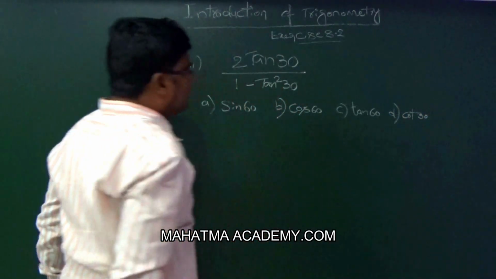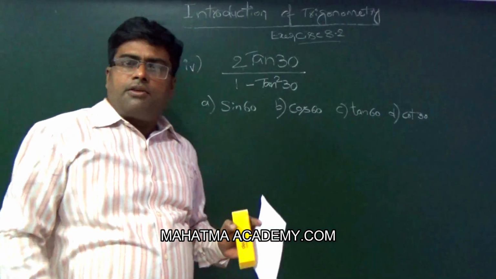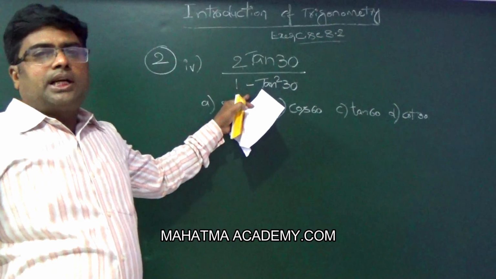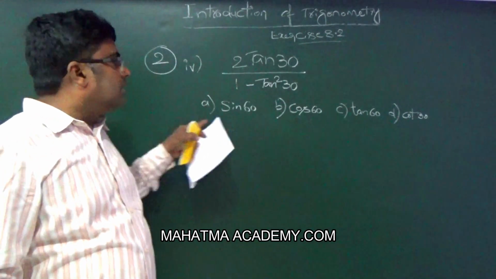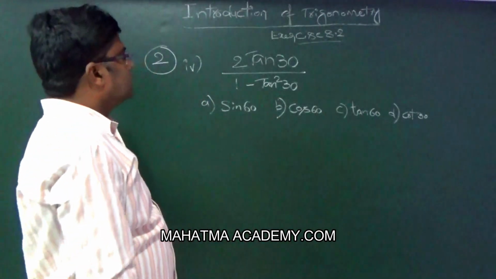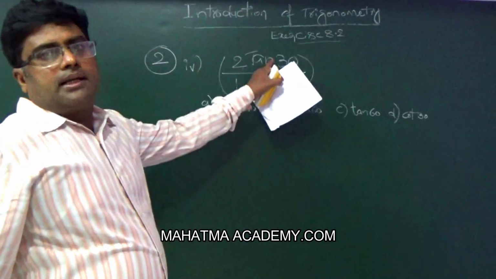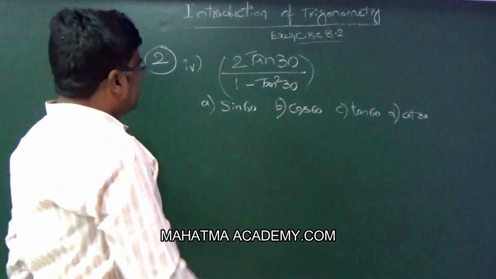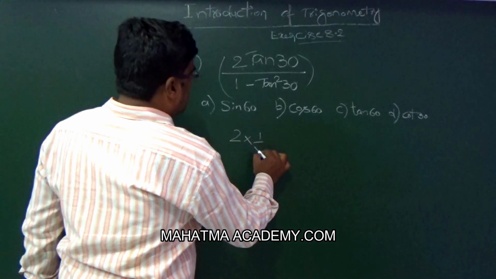Just simply substitute the tan 30 value in the question. We will get some value and that value is compared with the options. That is the problem, so how to solve it? Just substitute the tan 30 value in the above equation. Tan 30 is 1 upon root 3.